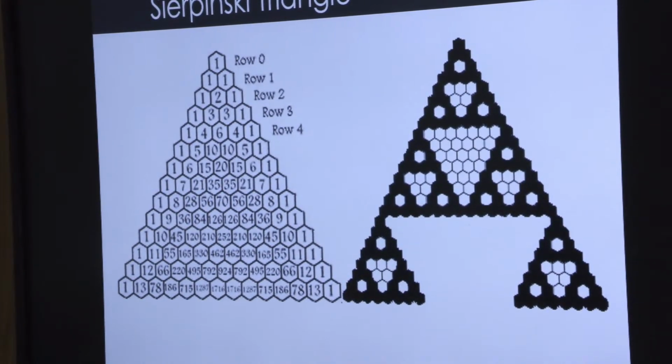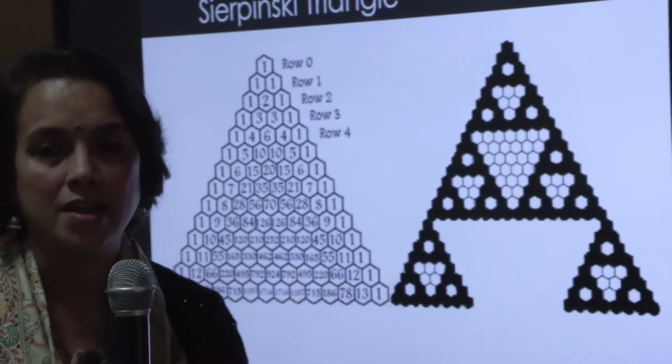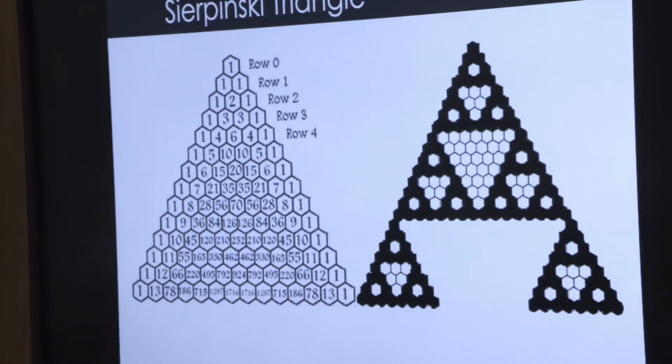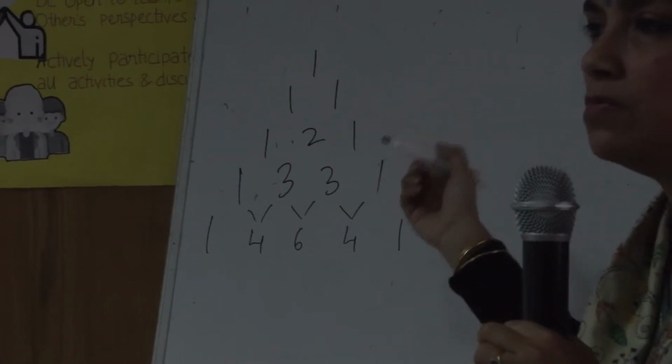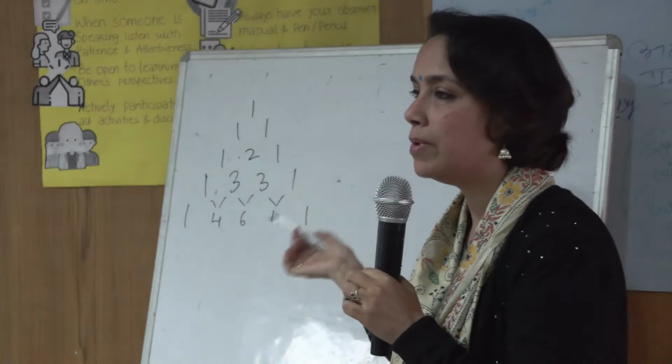But this also led to some interesting modifications of the Pascal triangle. If you reduce it modulo 2, reducing this modulo 2 means that you replace the odd numbers with 1 and the even numbers with 0, or whatever, you divide the number by 2 and take the remainder.